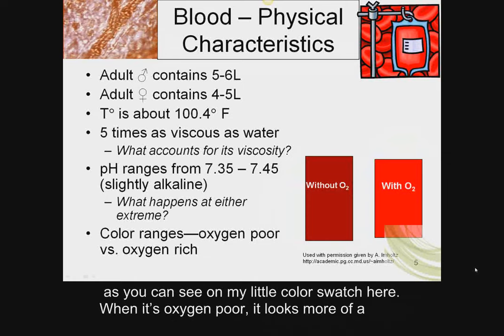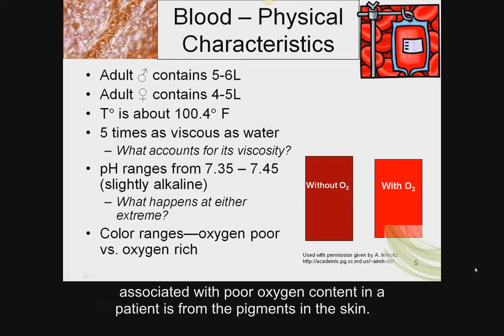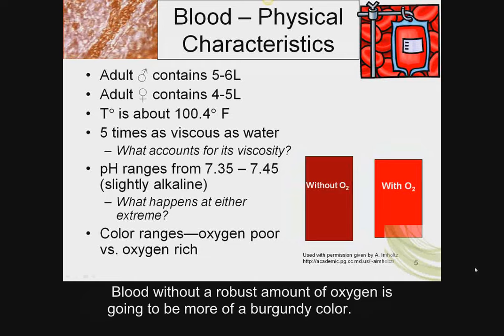It's very bright red, as you can see on my little color swatch here. When it's oxygen poor, it looks more of a darker color. It's not blue, like a lot of students think. The cyanosis that you see associated with poor oxygen content in a patient is really from the pigments in the skin. Blood without a robust amount of oxygen is going to be more of a burgundy color.